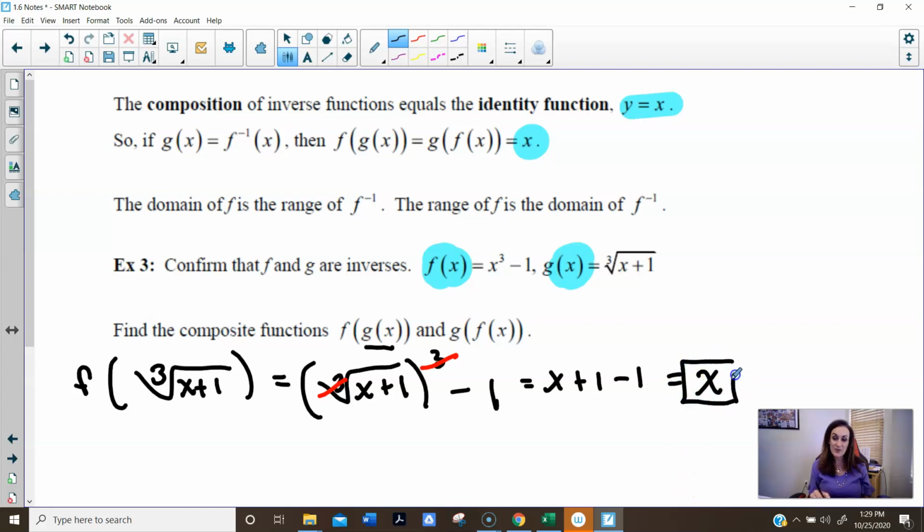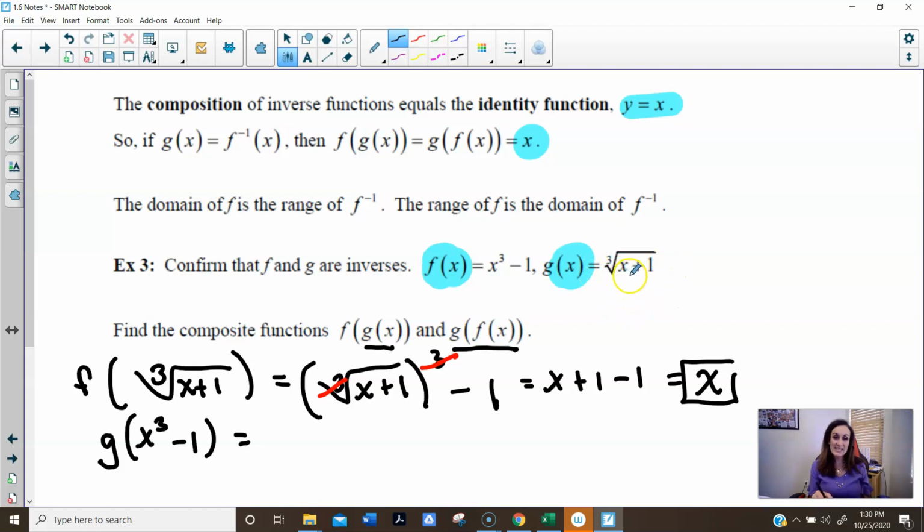So far, so good. Now, to confirm that f of x and g of x are inverses of each other, I also have to find g of f of x. So this time I'll start with f of x inside, which is x cubed, subtract 1. And I'm going to find g of x cubed minus 1, which is g of f of x. So I come to function g. Here is what function g looks like.